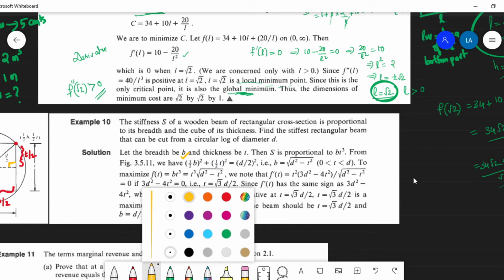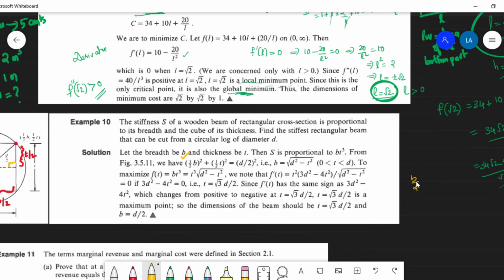You can cut the 2 square out from everywhere, so you get b square plus t square, because all of them have common 2 square. B square plus t square is equal to d square. So b square is equal to d square minus t square. So you get b is equal to square root of d square minus t square.